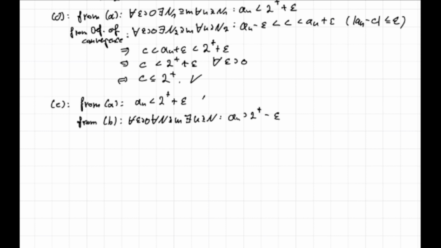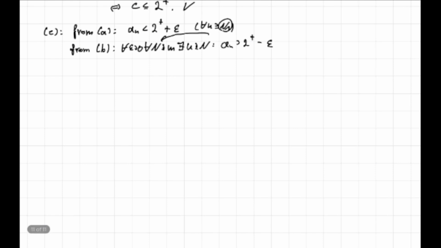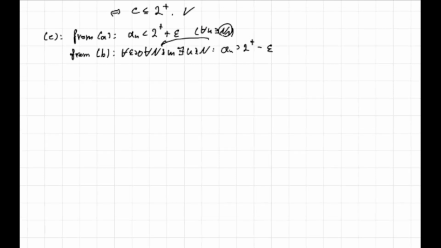So for example, if this holds for n greater than n1, we will put n1 into here. And then we know there exists an n greater than n1 such that this holds, and we know for that n also this holds, what we know from A, because A is stronger.